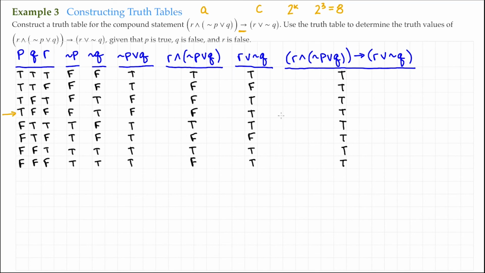But since everything is true anyways, we could easily see, and we're just going to scroll right over like this, that it's going to be true. So what does that mean? Well, within this compound statement, when the simple statement P is true, the simple statement Q is false, and the simple statement R is false, the compound statement is true.